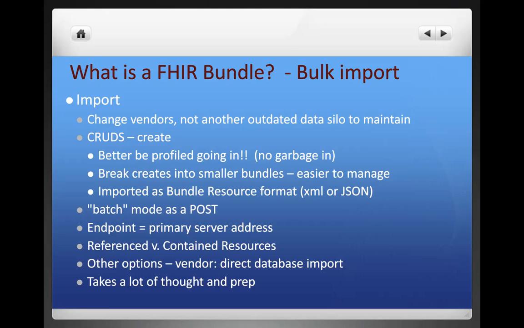For example, all of your institutions and all of your patients need to go in before you put observations into the system. The reason for that is because you need to know what those IDs are for the patient. There are ways to use medical record number to do it, but it's a lot faster and a lot better if you are just using the server IDs instead of business identifiers to input data, especially for a bulk import into a FHIR server.